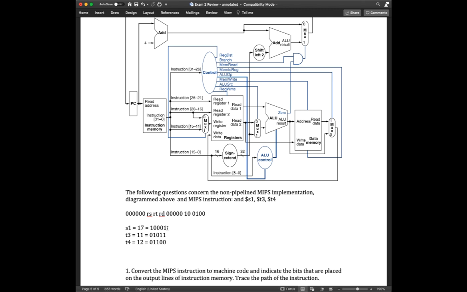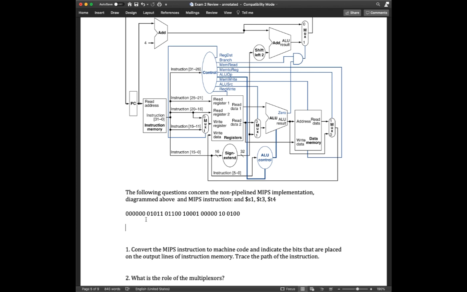All right, now I just need to put these in here. So I can replace my RS with this value here. RS is T3, which is 0, 1, 0, 1, 1. RT is T4, which is 0, 1, 1, 0, 0. And RD is 17, which is 1, 0, 0, 0, 1. All right, so I did the binary part. Now I need to regroup these into 4 bits. 4 zeros.